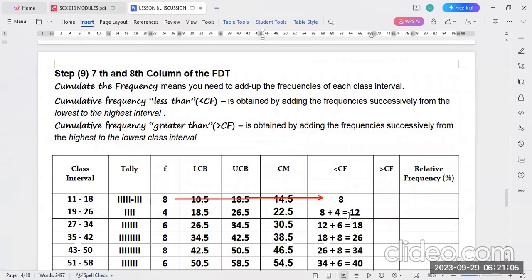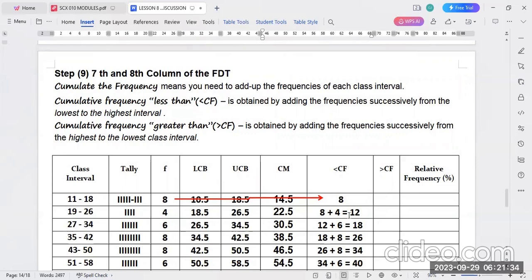Next column, or the 7th and the 8th column of the FDT, is the cumulative frequency less than and greater than. So cumulative frequency means you need to add up the frequencies of each class interval. Now, cumulative frequency less than is obtained by adding the frequencies successively from the lowest to the highest interval.